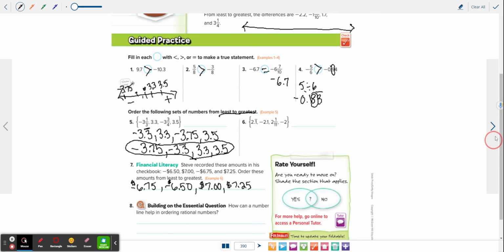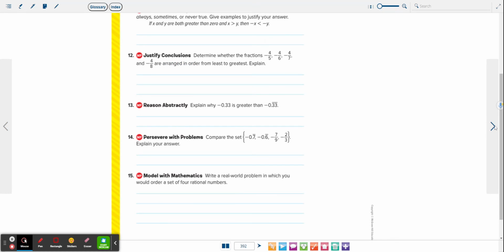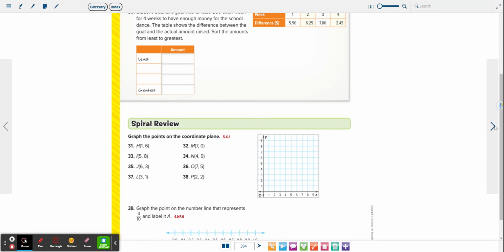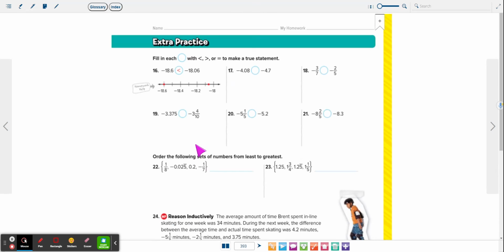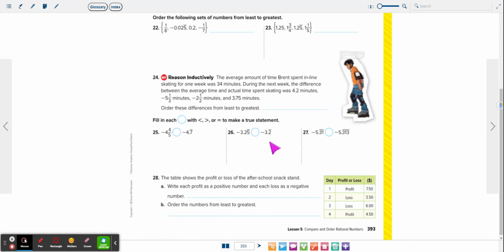Okay. All right. So your homework. We're doing page 393, I believe it was. Yep, page 393. And you are going to do 17 through 28.